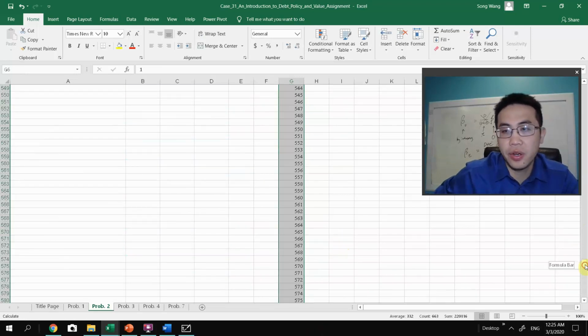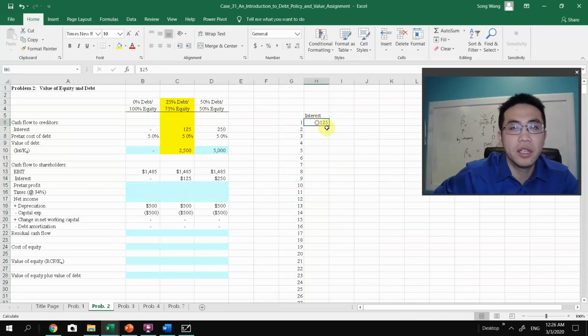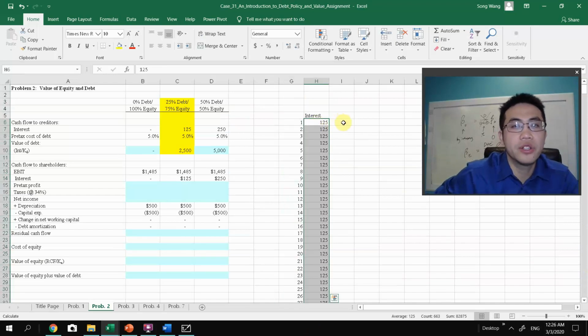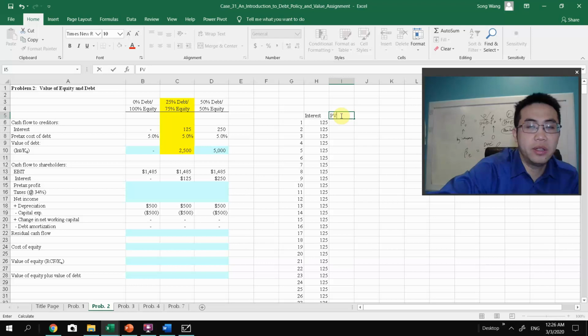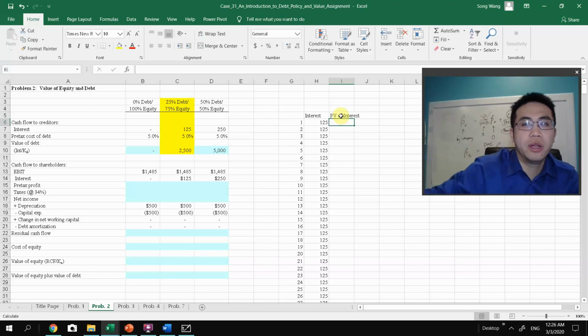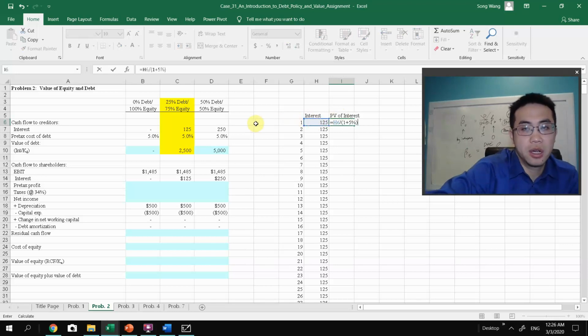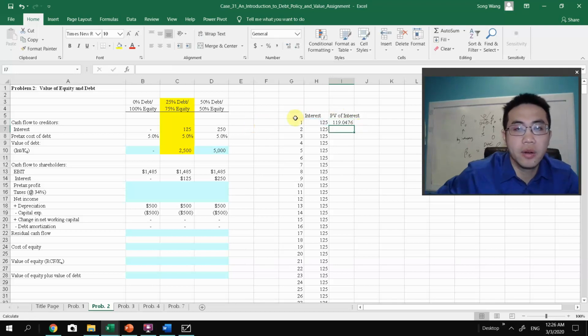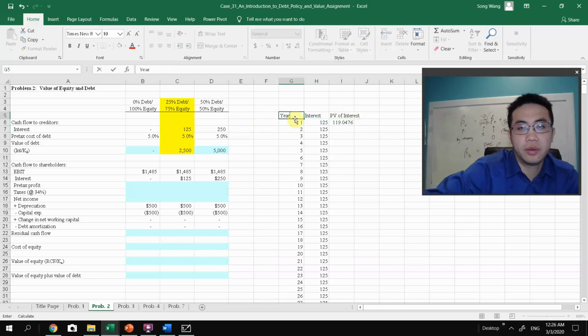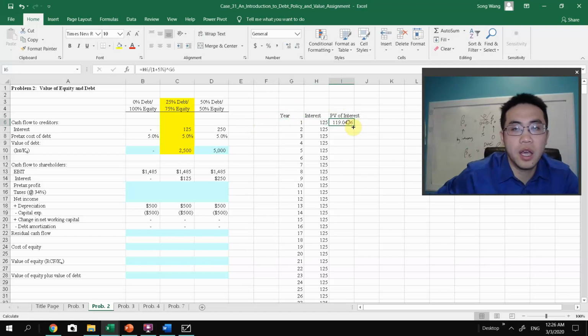Let's say I have 600 of them, and each year I pay $125, and the present value of the interest will depend on the actual dollar figure divided by the discount rate, and the fair discount rate would be the 5%, raised to the power of 1 for year 1. This is the year number, and then I will discount for another year, then for another year, and so on and so forth.